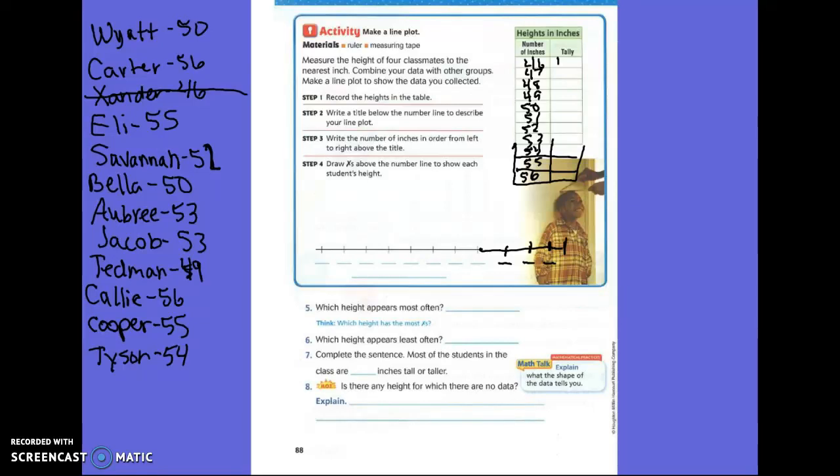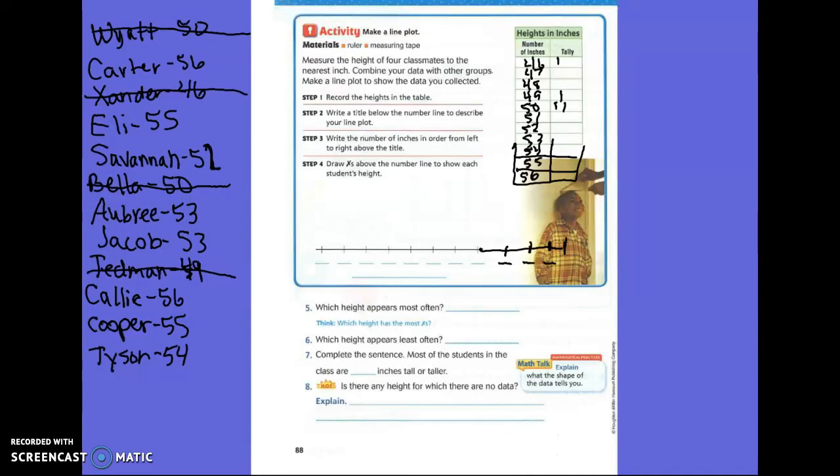No. How about 49? Yes. How many? 1. Okay, so we're going to cross out that one then. Now, 50. How many are 50? 2. So we need 2 tallies for 50. And then we'll cross that one out.